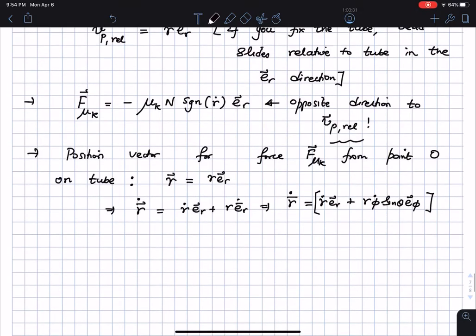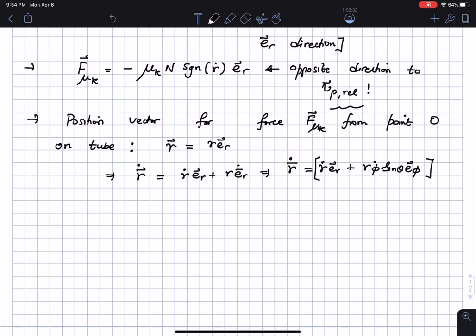Okay, all right, and then we're going to now do the following. QR non-conservative is going to be F mu K dotted with dR dot by dR dot. R dot is the position of the force, so let me write this as R dot of the force F, this is where the force F is acting.